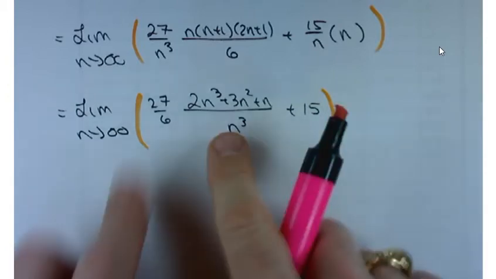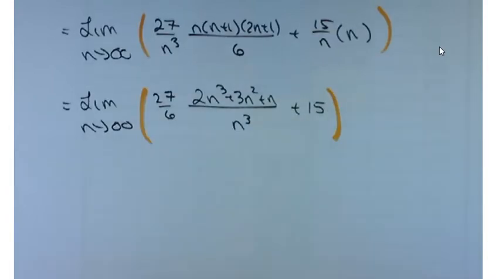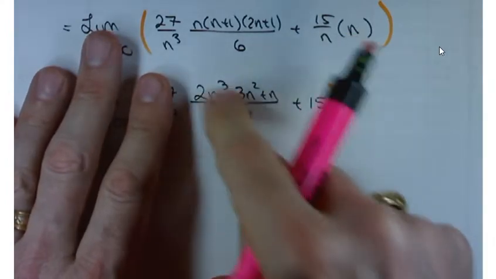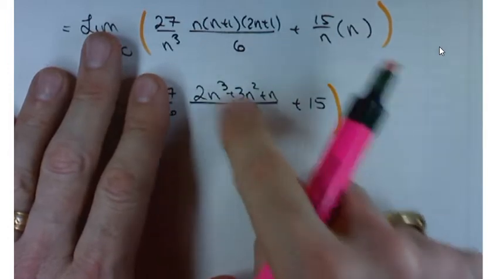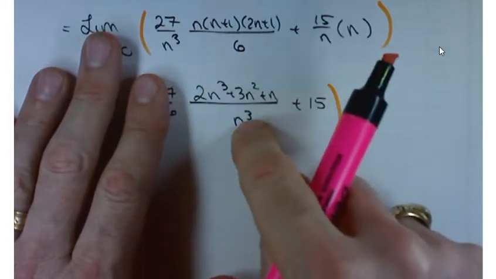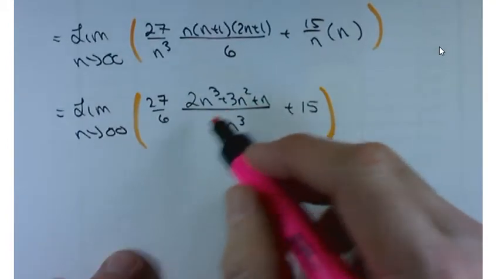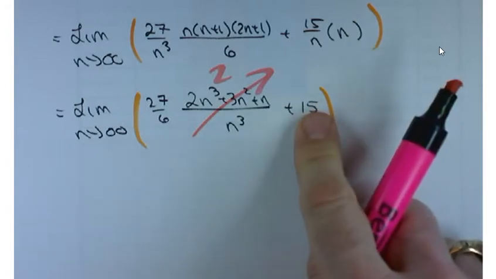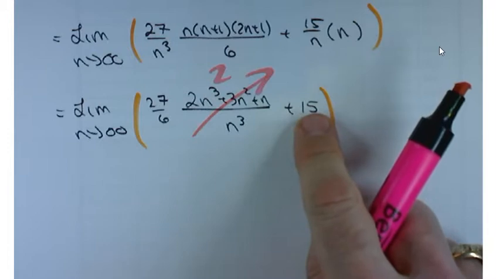As n approaches infinity, what happens with that limit? Notice that you've got the same exponent for both highest degree terms in the denominator and the numerator, so that's 2 over 1. This limit goes to 2. What about here? As n approaches infinity, this is still 15. It doesn't change.